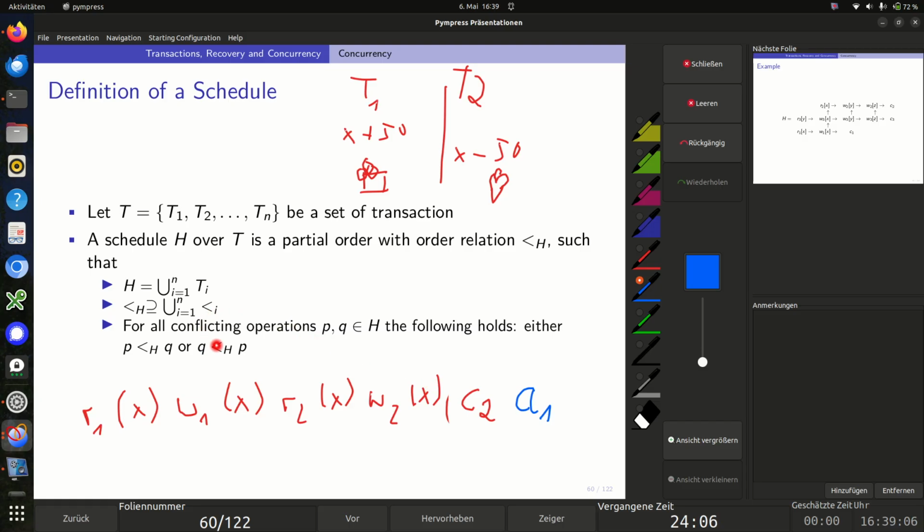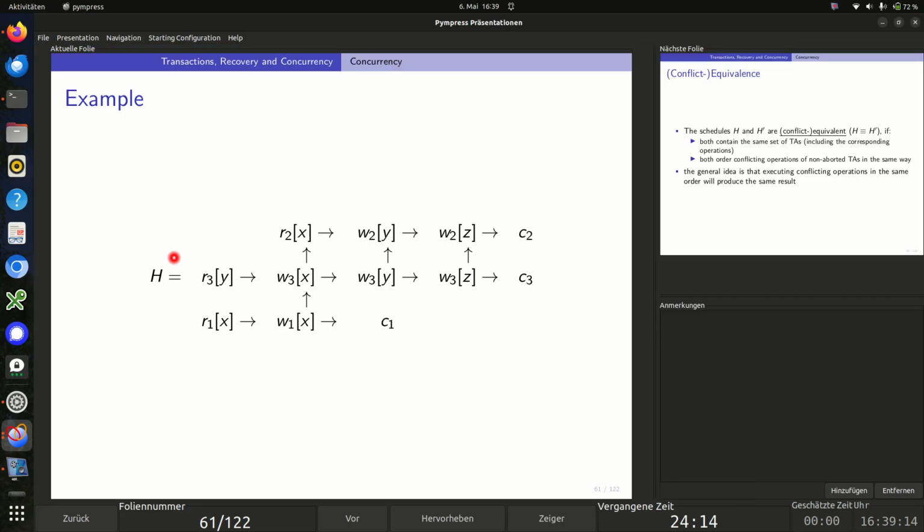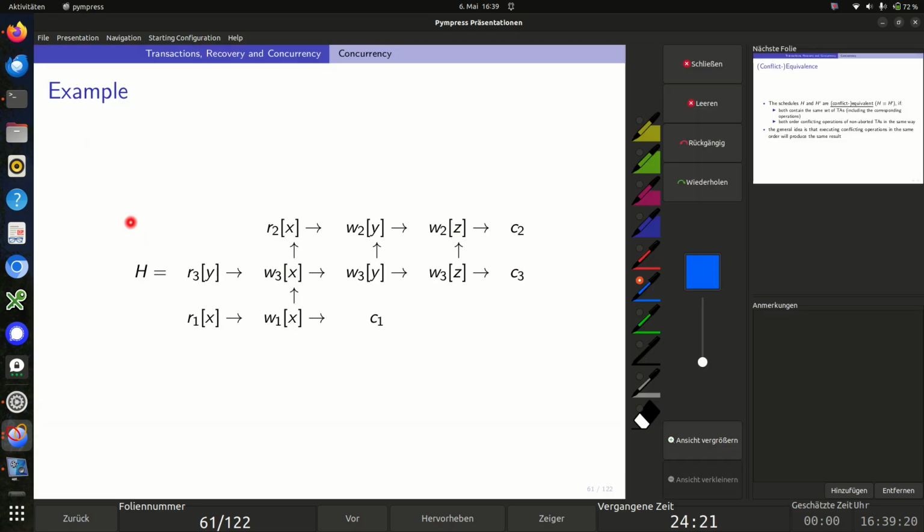So now it's just about the conflicting operations here. And as I said, if we have a schedule, let's assume we have 3 transactions: T2 is the first one, T3, and T1.